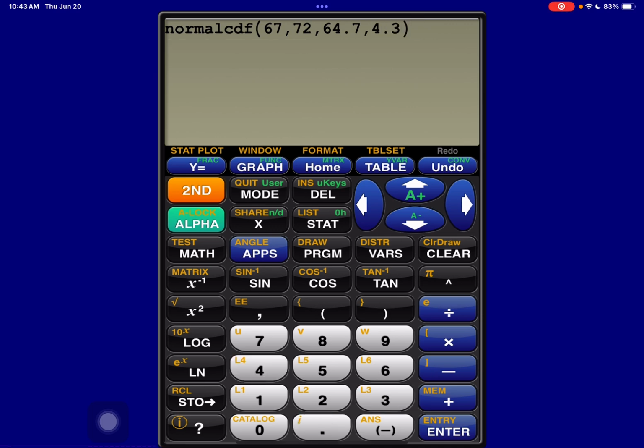Okay, so you go through, you put those in. I think the last thing is paste, which means it's going to paste it to this screen here, and you just hit enter, and we get 0.25158. So between those two bounds, that means 25.158% of the data is between those two points.